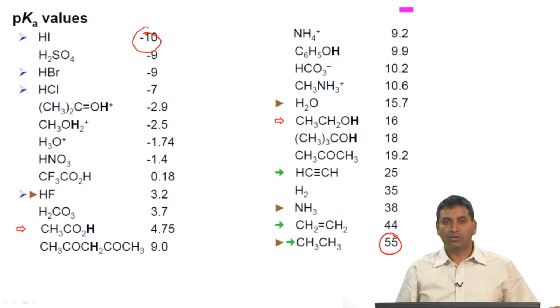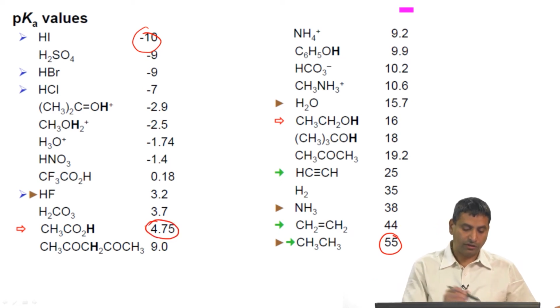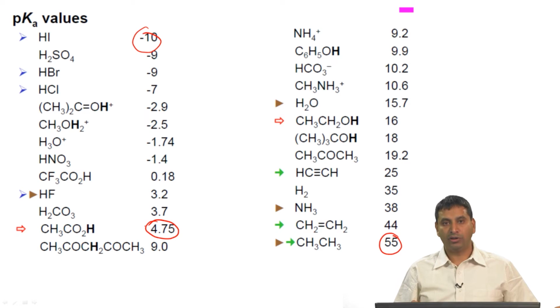This number is quite absurd, that is, the concentration of CH3 minus in aqueous media is 10 power minus 55, which is essentially not measurable, but it is an estimated pKa value. If we look at some other reasonable molecules such as acetic acid, which we looked at earlier, the pKa value is 4.75.